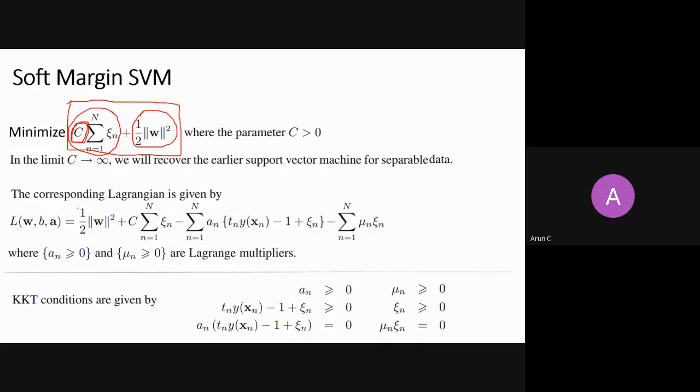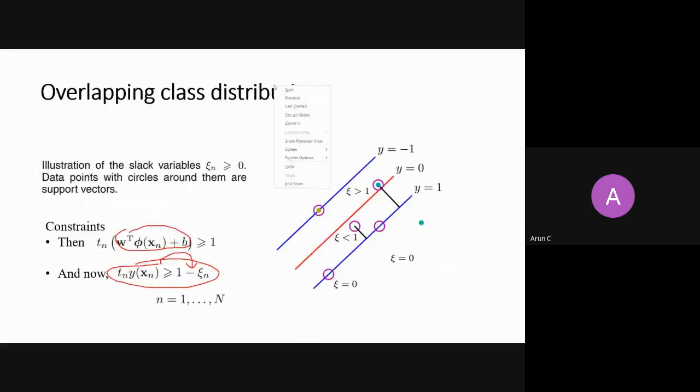Now the objective function is this, with new constraints. This was your constraint, because you need to put your g(x) greater than or equal to 0. So it is t_n y_n minus 1 minus psi_n greater than or equal to 0.